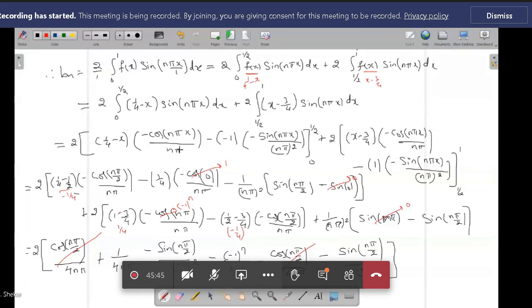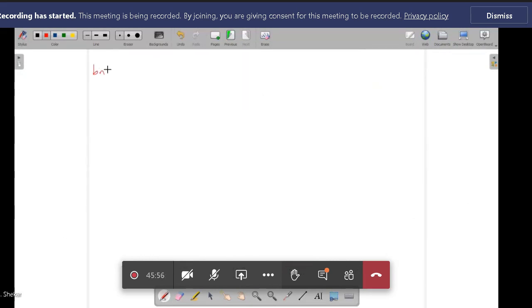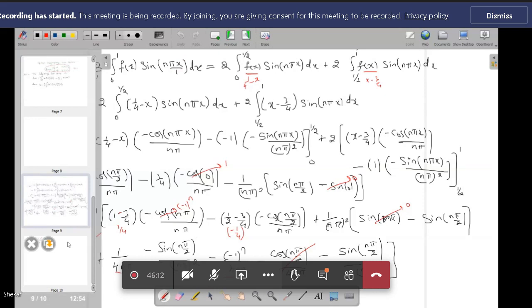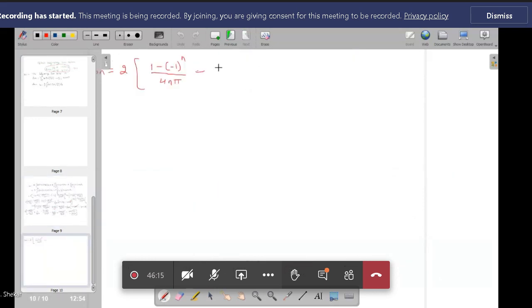So here I can take 1 by 4 n pi common, so Bn equals 2 into 1 minus of minus 1 power n whole divided by 4 n pi, and then minus, just cross check, yeah, we have negative sign, so minus 2 divided by n pi whole square into sin n pi by 2.